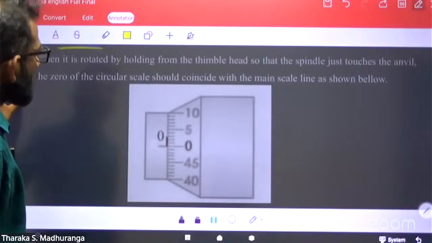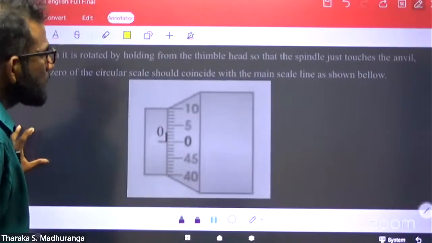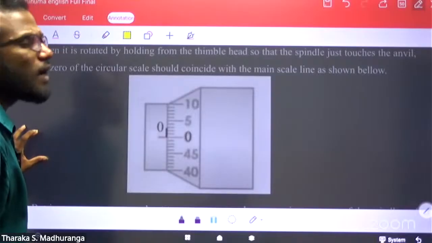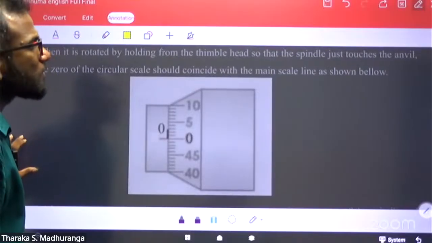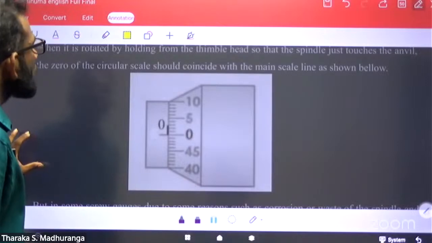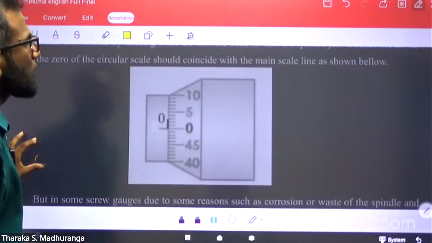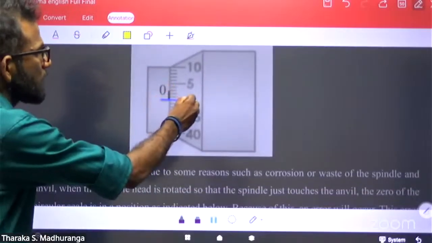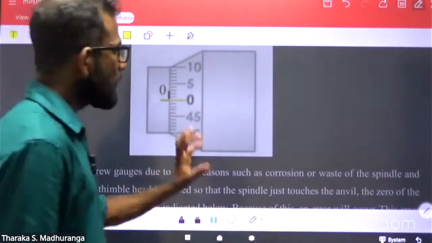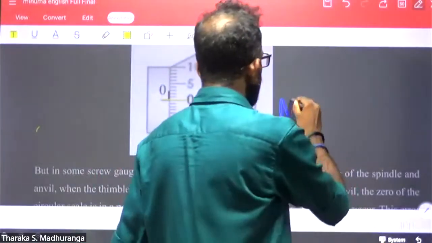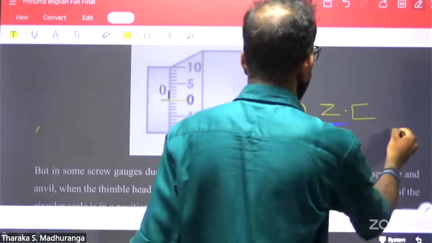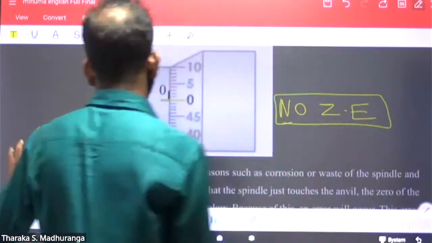When it is rotated by holding the thimble head so that the spindle just touches the anvil, the zero of the circular scale should coincide with the main scale middle axis as shown below. If it coincides, we consider there is no zero error. They are accurate instruments if it coincides.